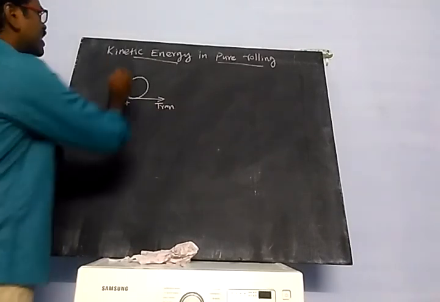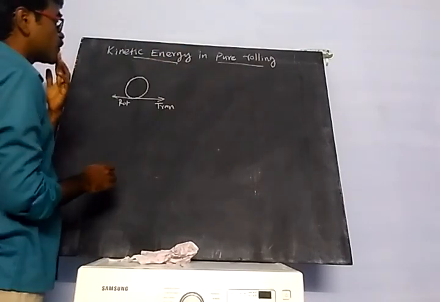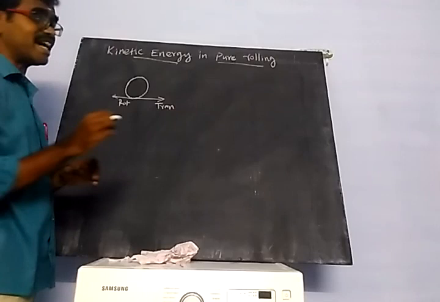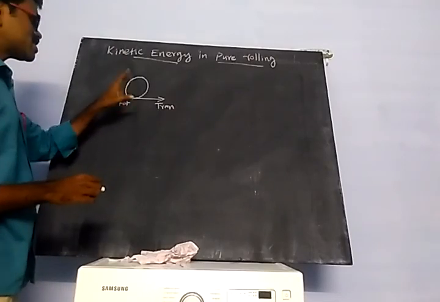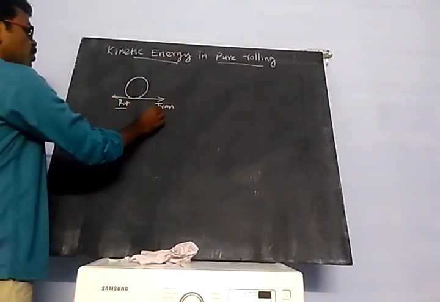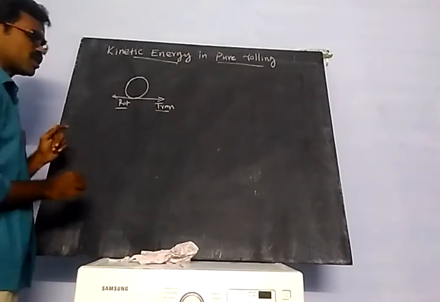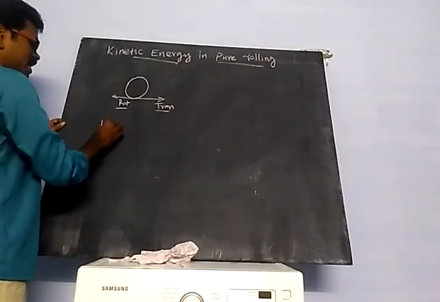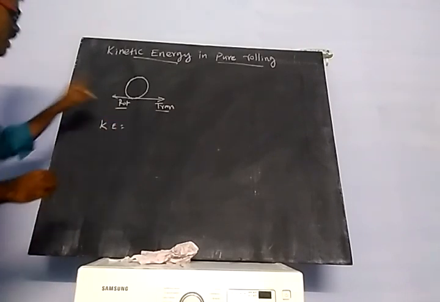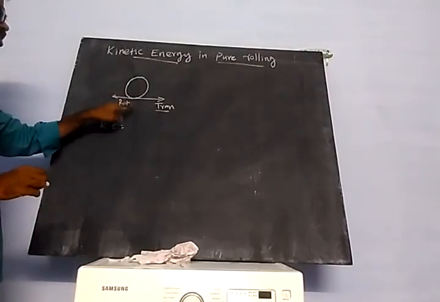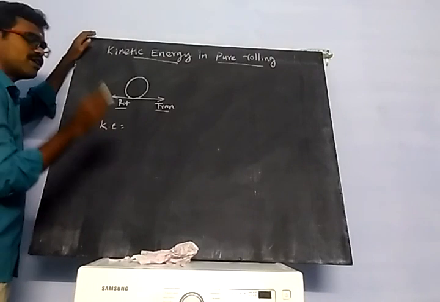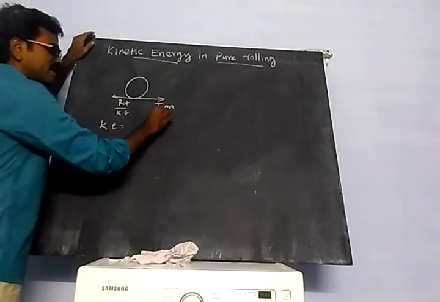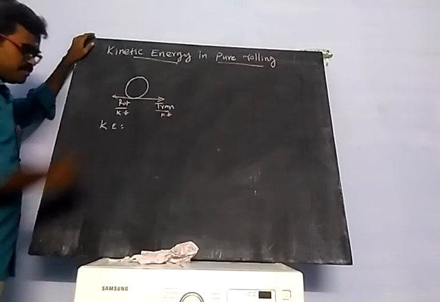Then, kinetic energy in pure rolling. We are going to calculate that kinetic energy. Rolling is the combination of two motions: one is translational and another one is rotational. So kinetic energy is equal to the sum of the two kinetic energies, rotational kinetic energy plus translational kinetic energy.